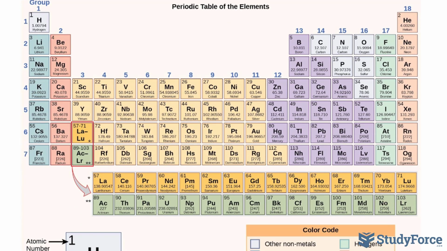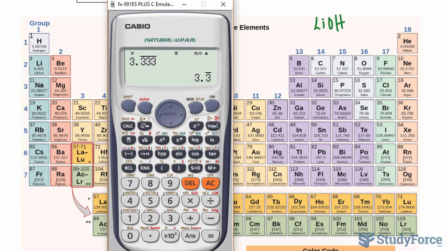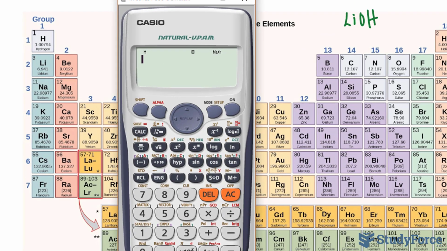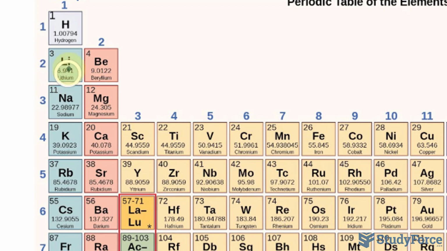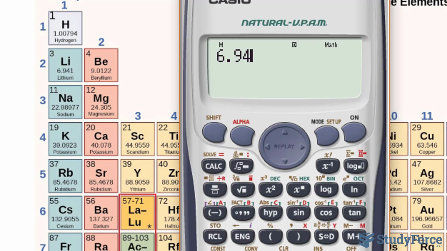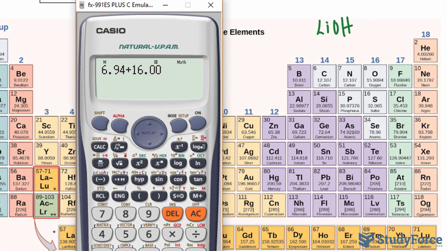We have a periodic table underneath, and from this, we can actually find the molar mass of LiOH. So I'll turn on my calculator. The molar mass of one lithium atom is 6.94, and you can see that right here. Plus, we also have oxygen, which is 15.99. I'll just round that up to 16.00.